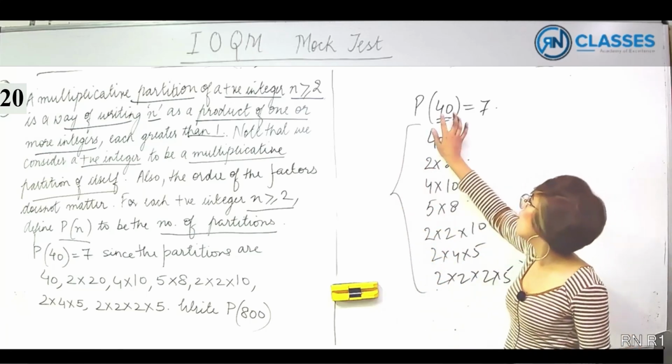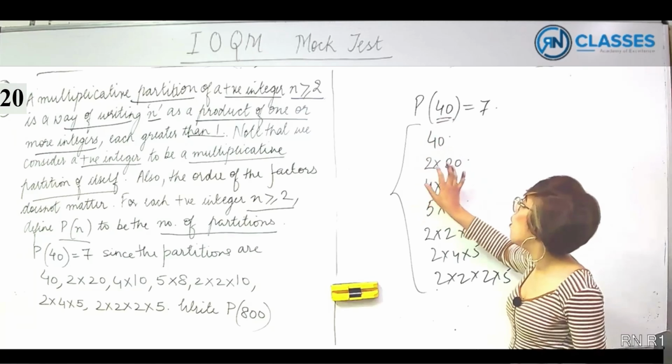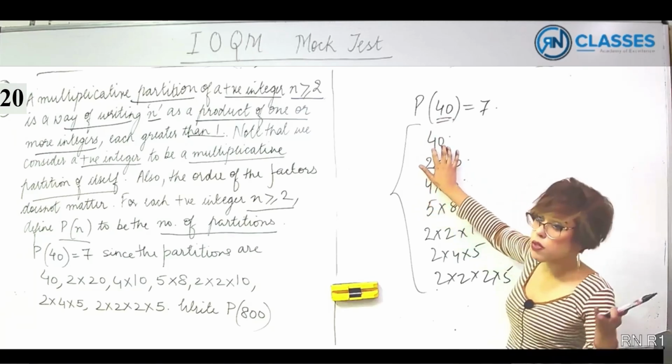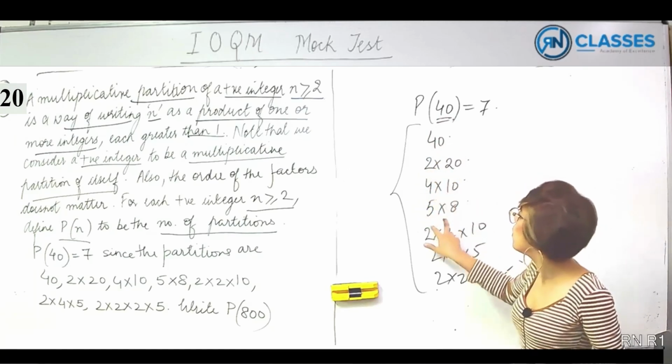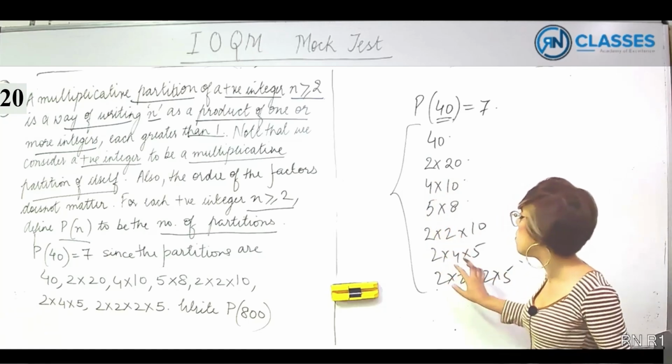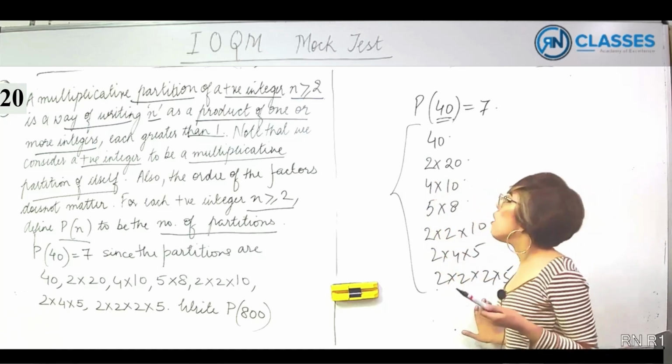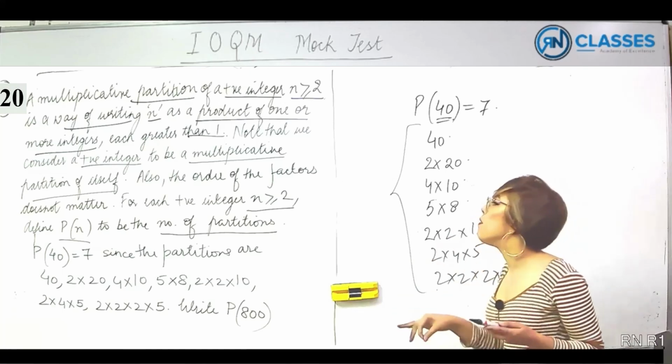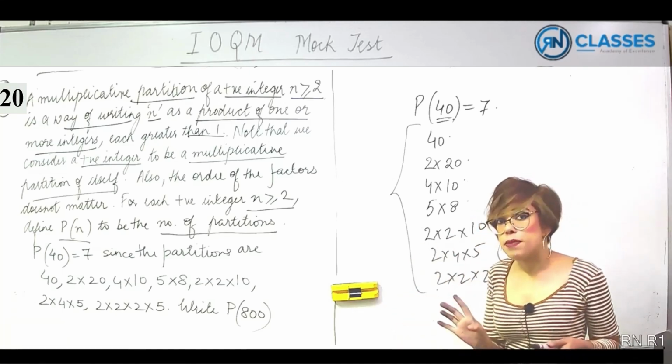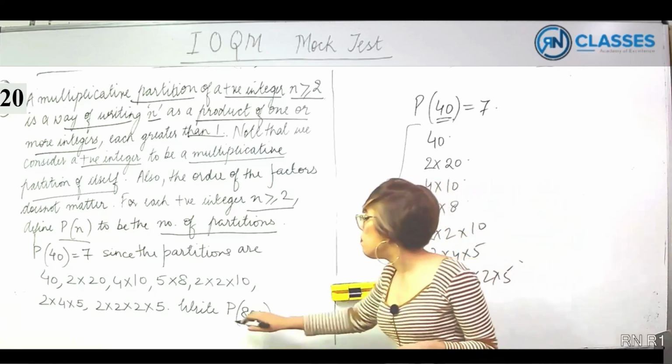So basically you need to write 40 as a product of one or more terms. So, product of just one term, product of two terms, product of three, product of 4. In fact, if you notice, he has already given us how to count the cases. Our question is to find P of 800.